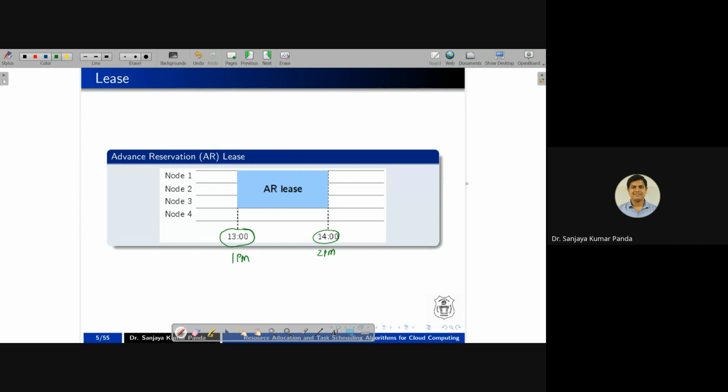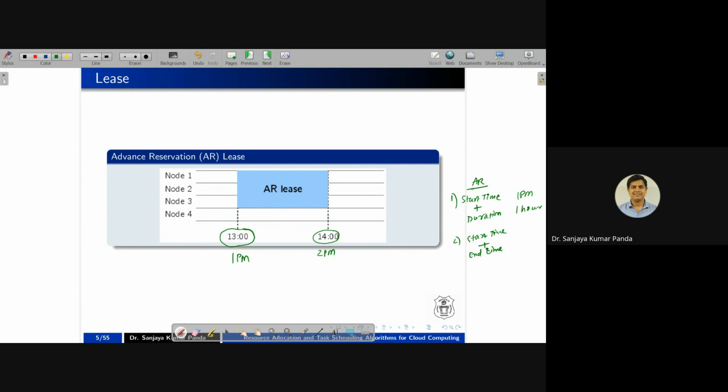In order to book a lease under advance reservation mode, you have to provide either the start time plus duration, or the start time plus end time. These two things you have to specify. For example, if a lease arrived at 1 p.m. and its duration is 1 hour, obviously you can infer the end time is 2 p.m. Or in the second case, start time you know, end time you know, so you can infer the duration.